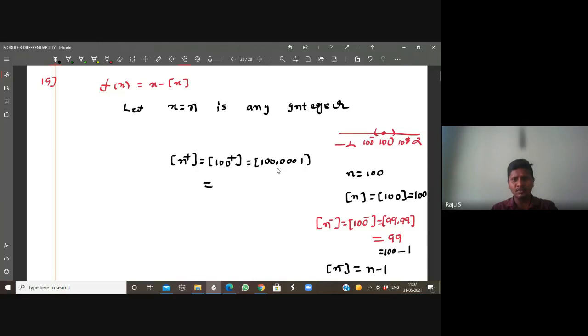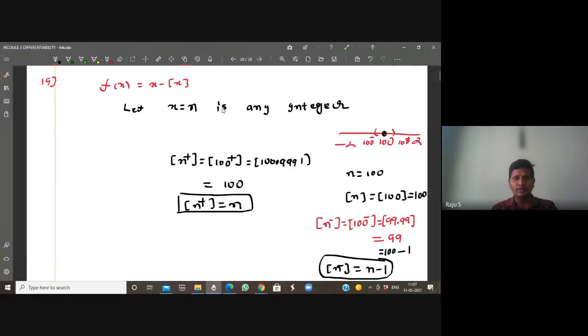So what about this value, 100 point something? You can take 100.9999 like that also, your wish. So clearly the greatest integer is equal to 100. So what do you observe here? The greatest integer at n plus is clearly equal to n, but at n minus it is equal to n minus 1. First of all, you should understand this.